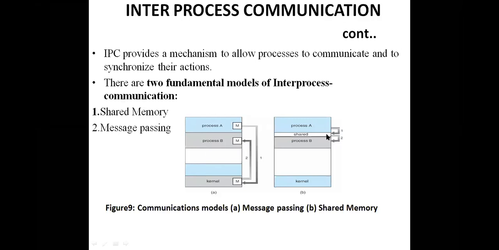Once the shared memory is created, it returns one ID called the shared memory ID, which can be used by process B. Process A creates a shared memory and it is accessible to process B. There is no kernel involvement, right? Because of that reason, shared memory is faster than message passing.